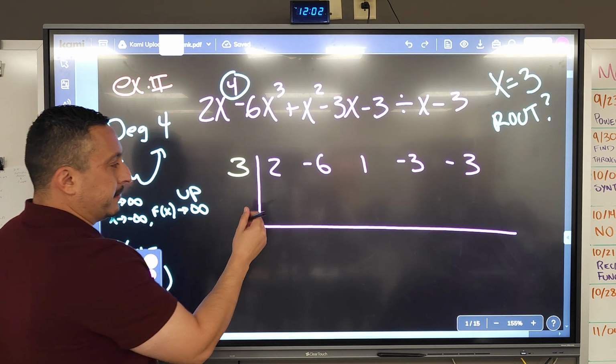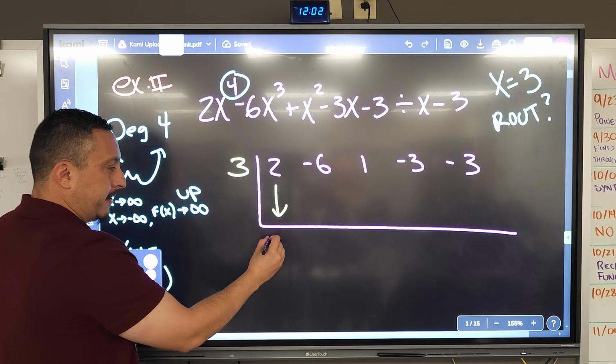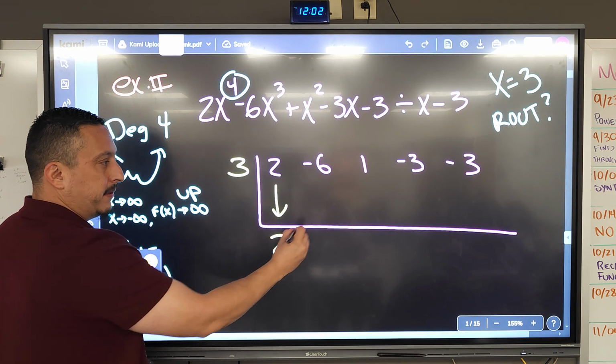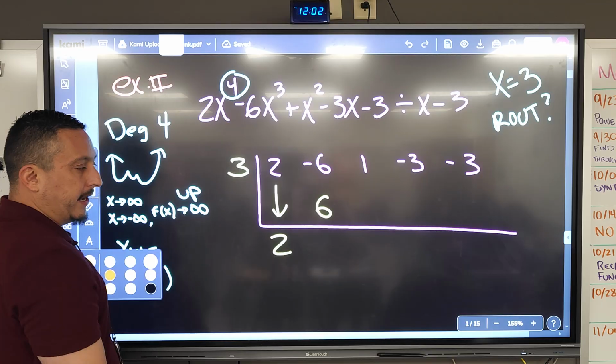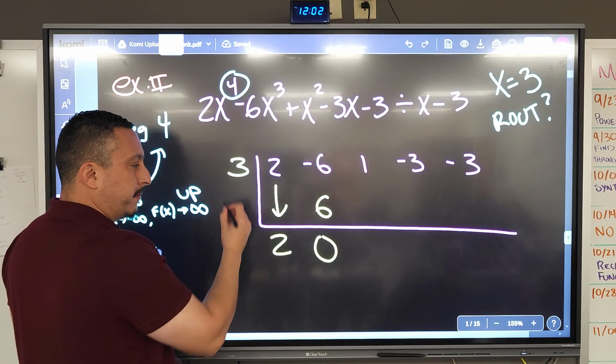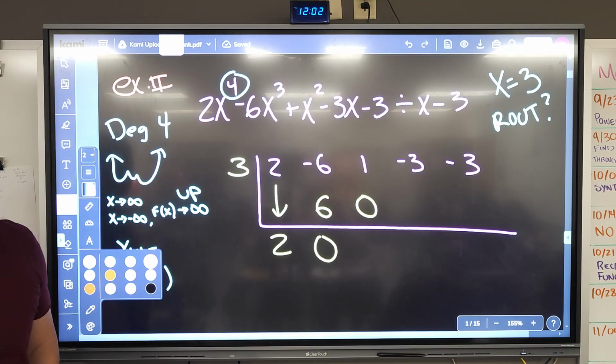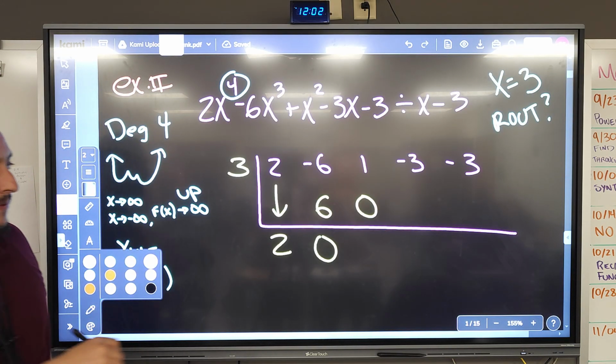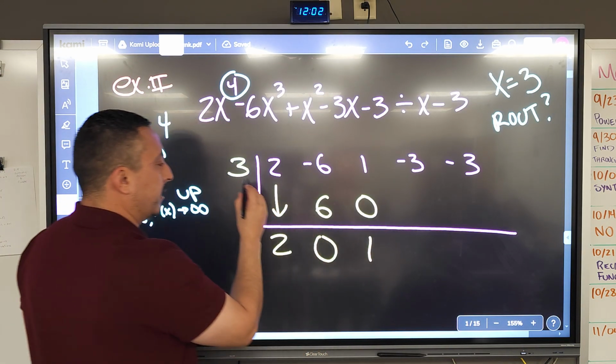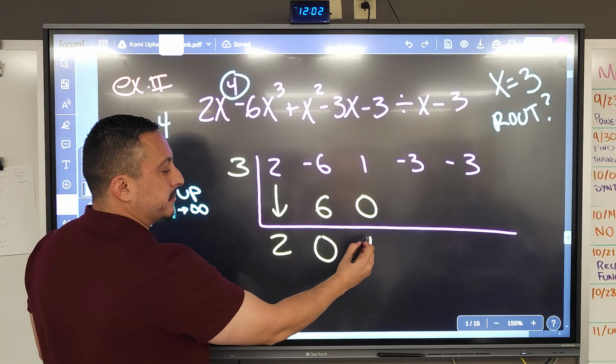So here we go. This time I won't draw as many arrows. Drop down. Multiply. Add. Multiply. 3 times 0 is 0. Add 1 plus 0, 1. 3 times 1, 3.